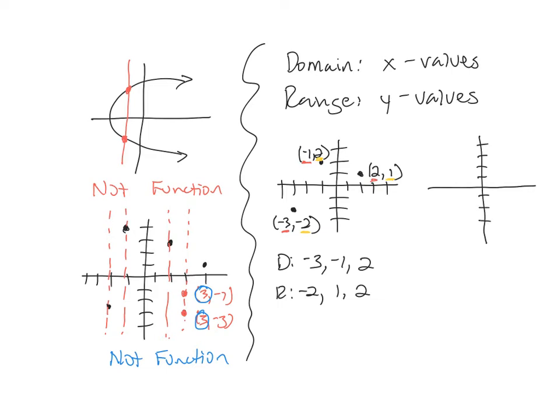So the more complicated one is if it's not a list of points, it's what's called a continuous graph. So if I went from this point to this point here, and I want to pick a different one. Let's go way up here. Okay, so if it was like that, what is the domain?